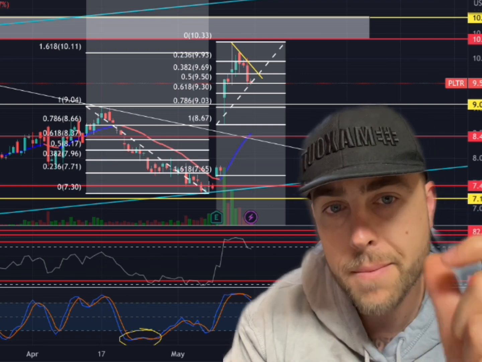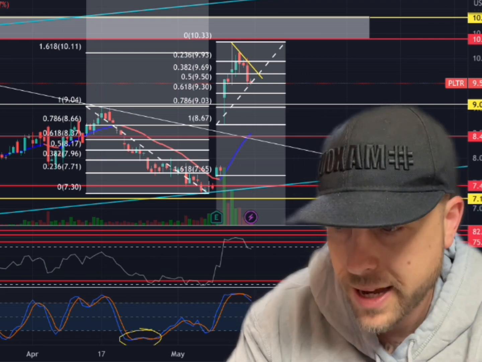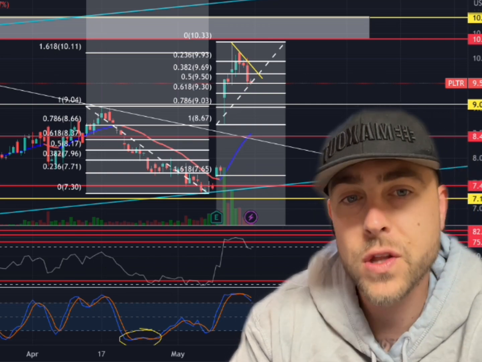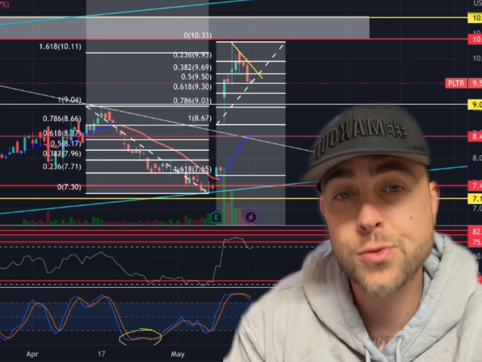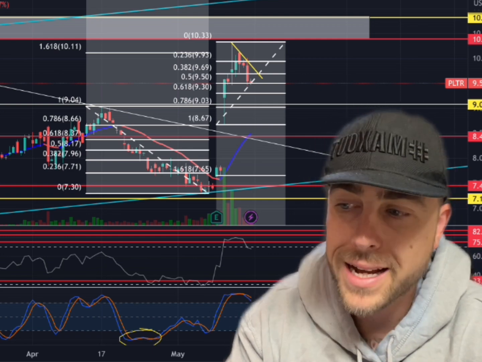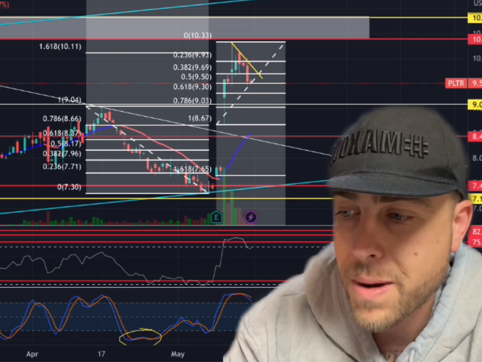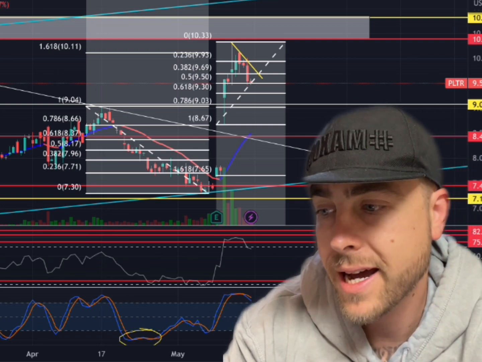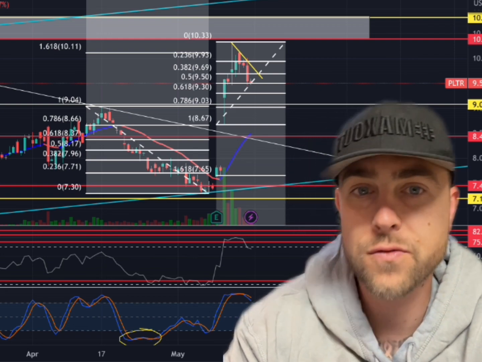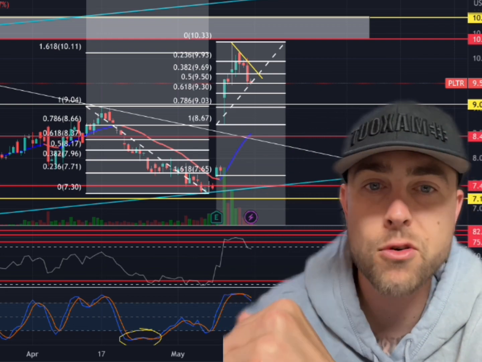So there's an open gap and stocks tend to retrace to open gaps. Now I don't think Palantir is gonna come all the way down to fill this gap before the next run. I do think there's another run in Palantir very soon, but I do think there might be a slight pullback, and my next order to buy in is actually at $9.31. The reason for that is that's the 618 level right here.